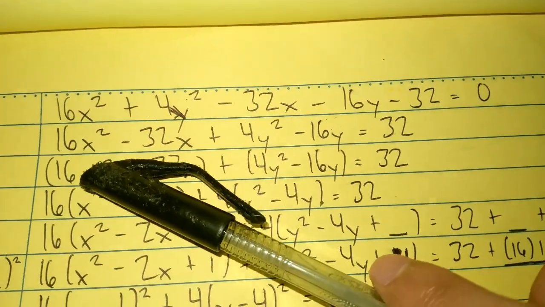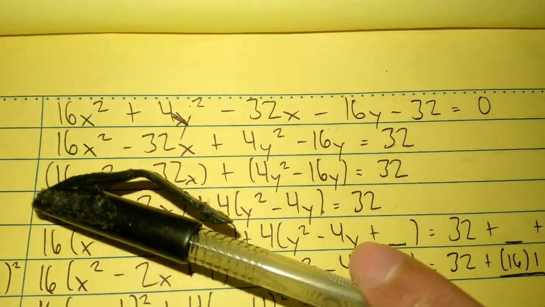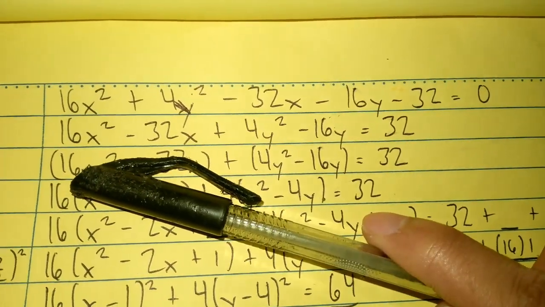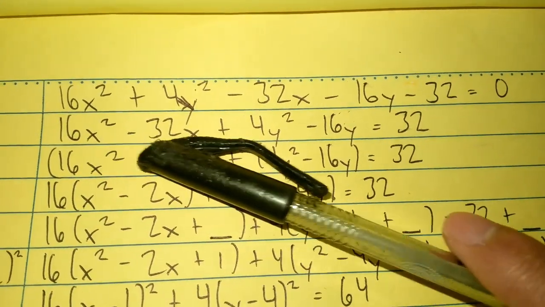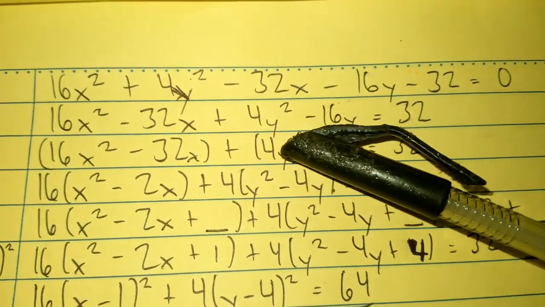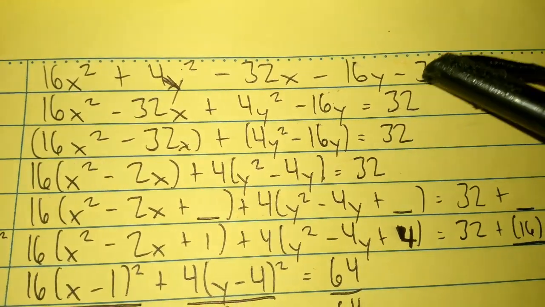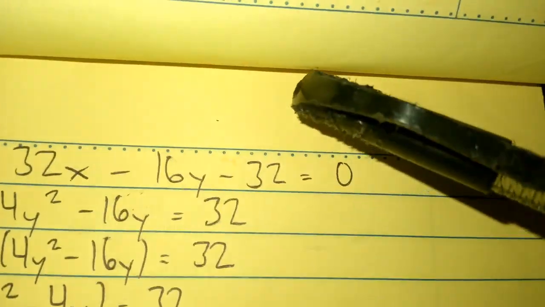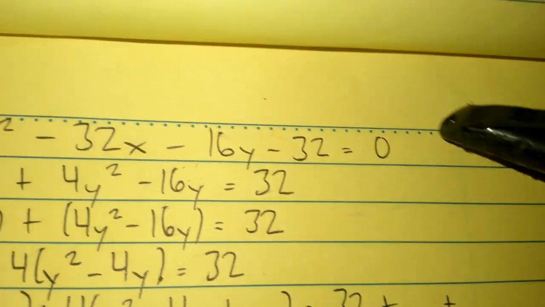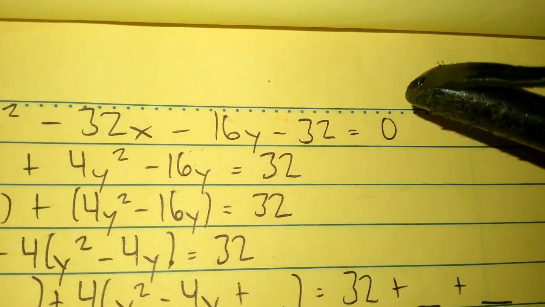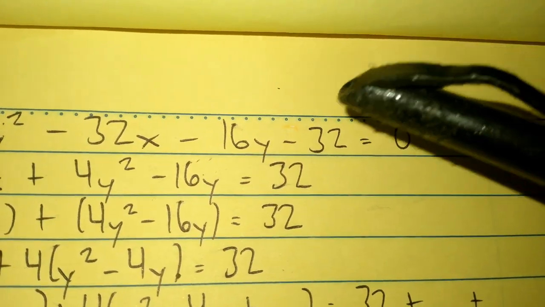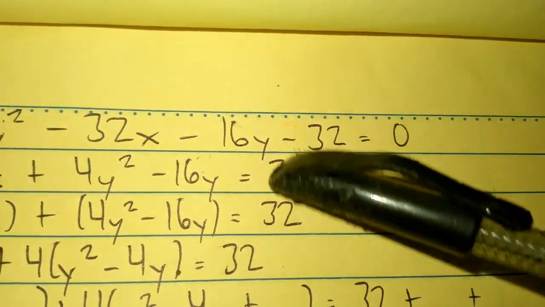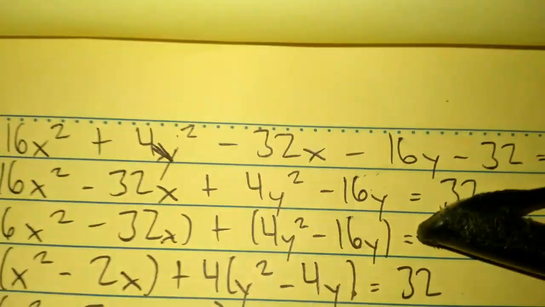First things first, what you're gonna do is combine similar terms. So as you can see, 16x squared minus 32x plus 4y squared minus 16y, and transfer negative 32 to the other side. So it will change into 32.